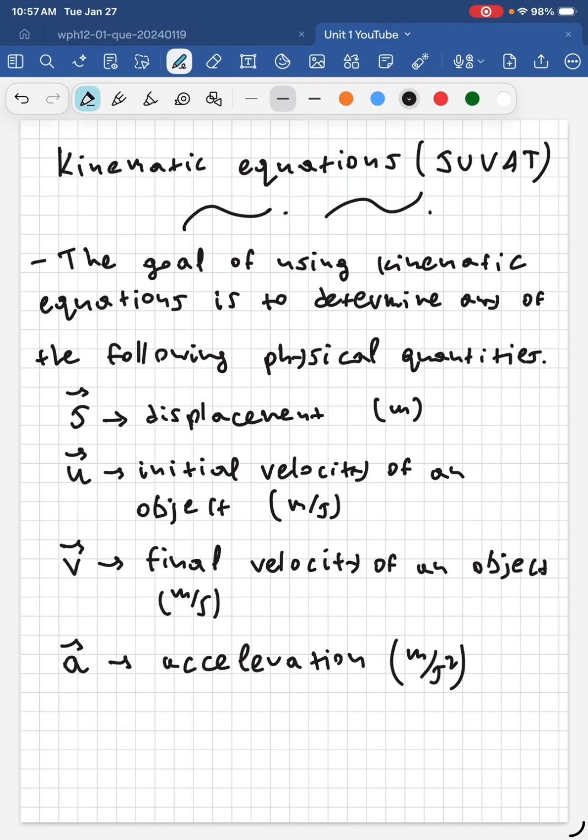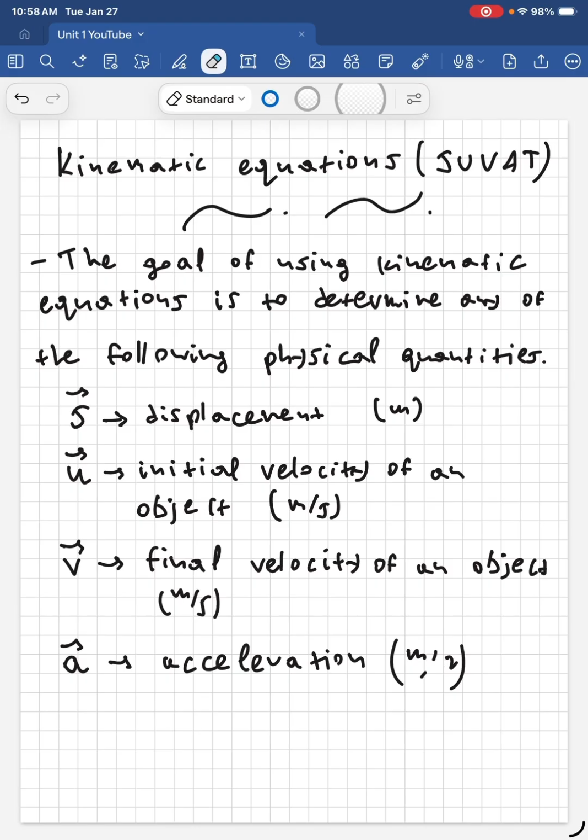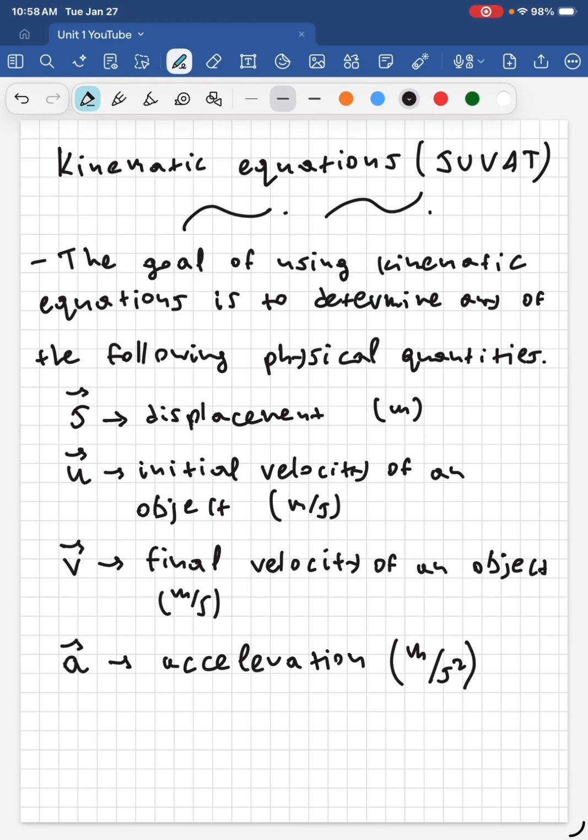So it tells you how much faster or slower an object will be after some time passes, okay? So that's the acceleration, and I will keep making an effort with my handwriting. Okay, so meters per second squared. I messed it up completely. Let me write it again. Meters per second squared, there you go.